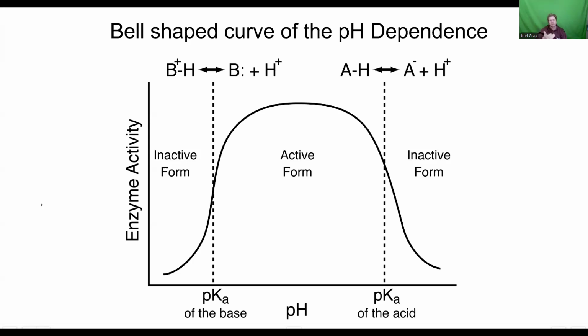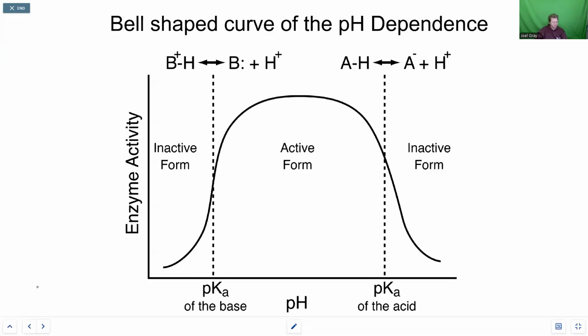But I always like to think about this as bookends of the activity curve. You have an inactive form at a low pH, and then an inactive form at a very high pH. That's because when you have multiple residues involved in the catalysis, they're going to run into a combination of protonation states that don't favor the reaction taking place.